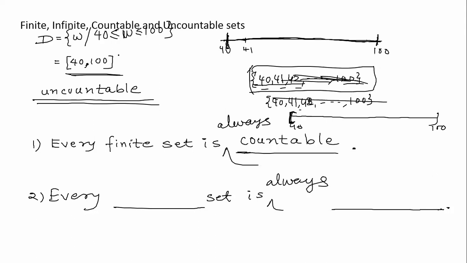We have to write it as the closed interval 40 to 100. Suppose this is the real line, 40 is somewhere here and 100 is somewhere here. So this is continuous. Continuous means not discrete; going away from discrete nature is called continuous.